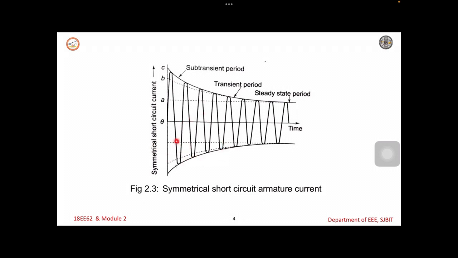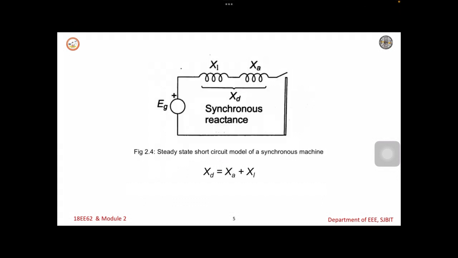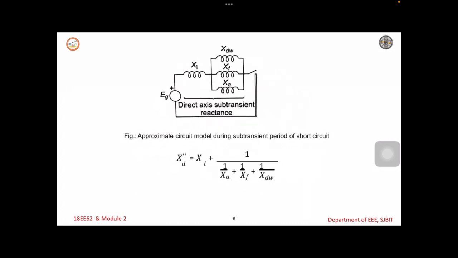In the y axis we have the symmetrical short circuit current, and in the x axis we have time. As you see here, in the beginning we have more deviations, that is under the subtransient condition. Under the transient condition we also have a disturbance, but very small compared to the previous, and in the steady state the fluctuations are steady.